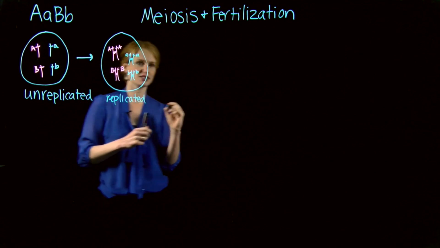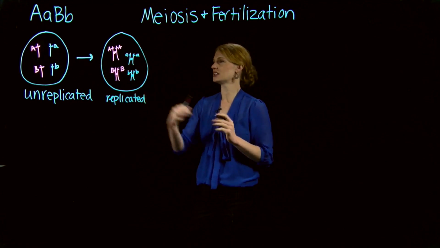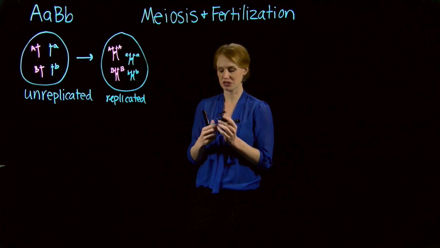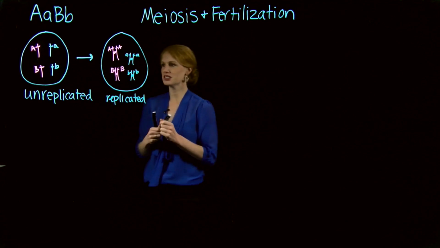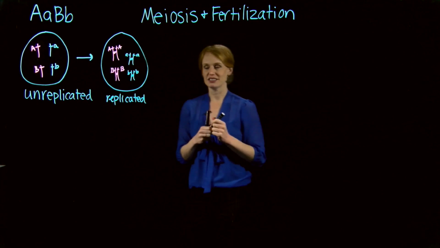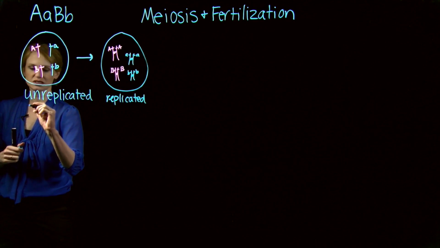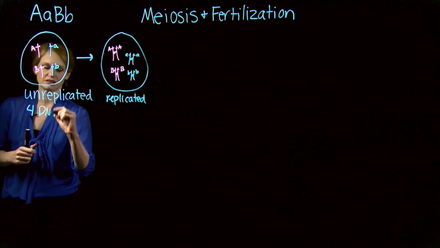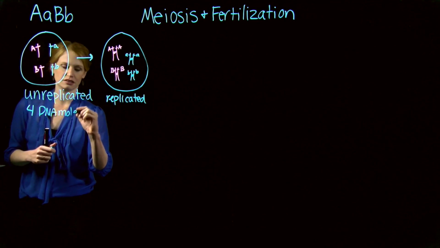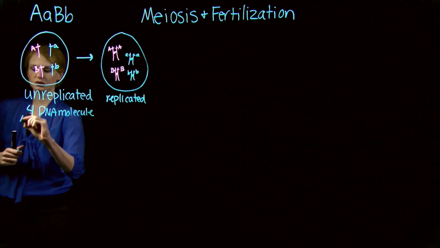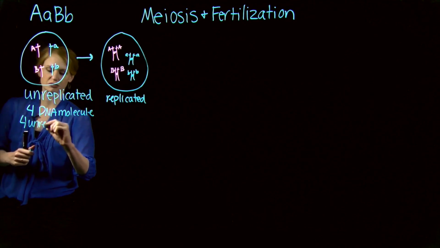Now before we take this cell through meiosis, let's look at how many DNA molecules and chromosomes are in each of these cells. So each line is a DNA molecule. So here we've got 4 total DNA molecules and 4 unreplicated chromosomes.